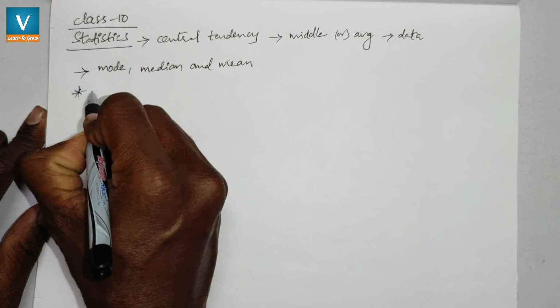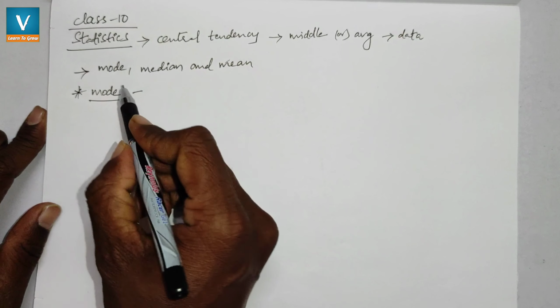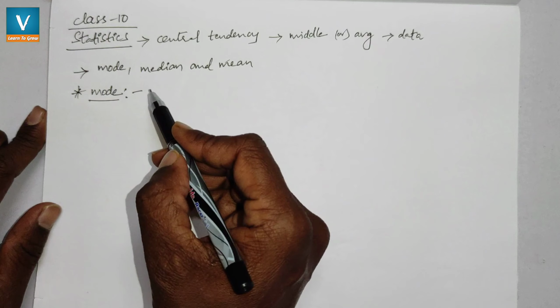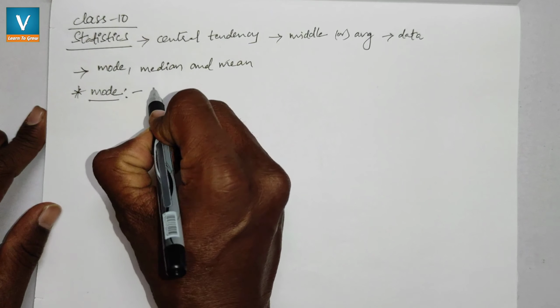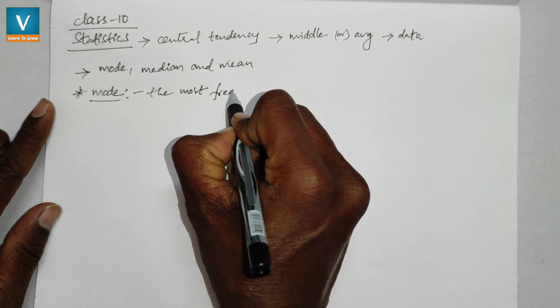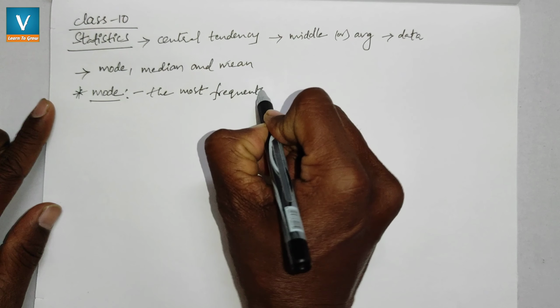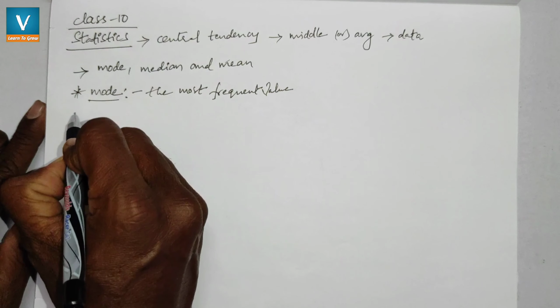First one is mode. What's the definition of mode? In a given data, the value which occurs most frequently is known as the mode. The most frequent value is the mode of the given data.